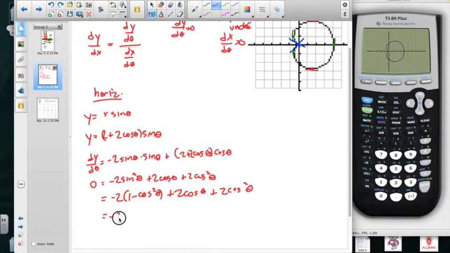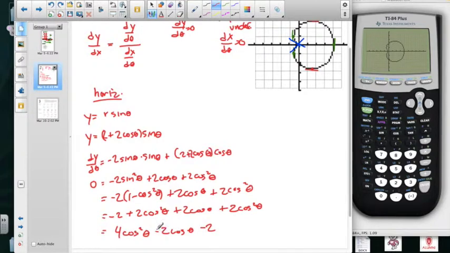So we have to go after this and see if it's a factorable quadratic. So we have a minus 2 here plus 2 cosine squared theta plus 2 cosine theta plus another 2 cosine squared theta. So when I combine my like terms here, I have 4 cosine squared theta plus 2 cosine theta minus 2 there.